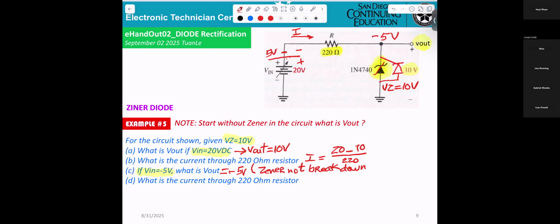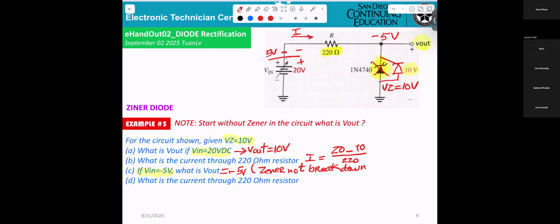Mr. Pham, I missed that. So you said that the Zener voltage won't make any difference here. We will say that V out is -5 because it is not in breakdown, correct? Yes, it is not in breakdown, it looks like the Zener is not there. The Zener either breaks down or it does not, and if it does not, it is just like a normal diode.